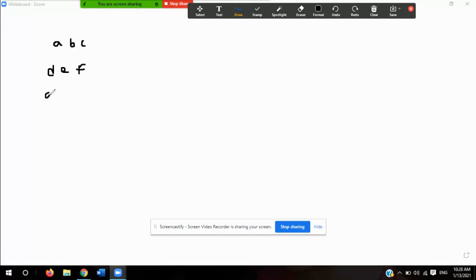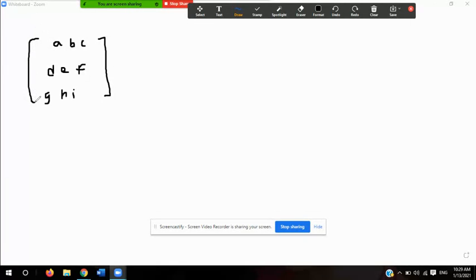So if I want to find the determinant of a matrix, I'm going to write the rule here, and then I'm going to explain what that means.